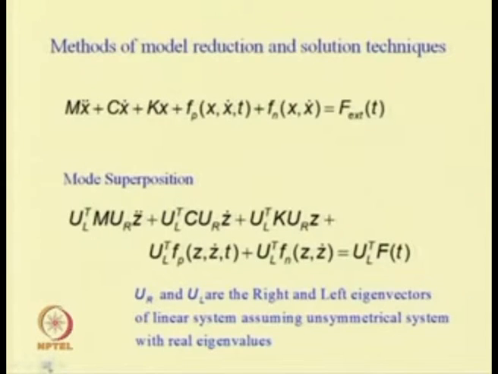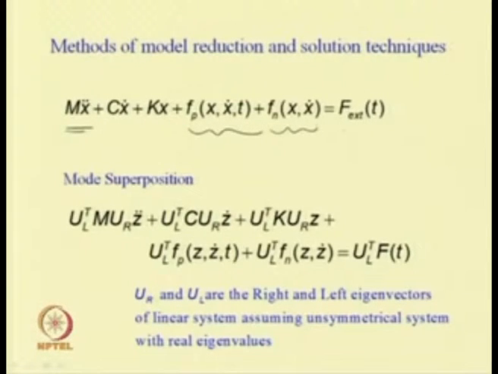So, let us have a generalized equation of motion. This generalized equation of motion in such a case can be written in this form: m x double dot plus c x dot plus k x plus Fp. Fp is the force containing x, x dot and time-varying force. So, this may be a parametrically excited system also, when it is a function of time and x. Then this is the nonlinear term.